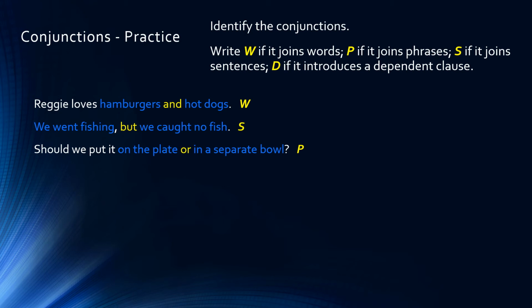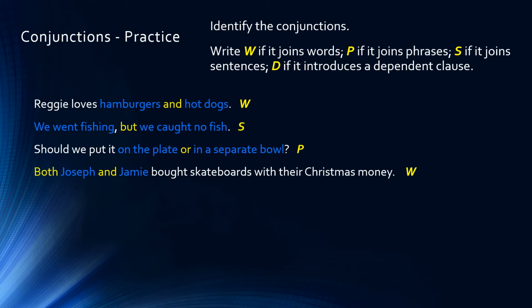Now, this conjunction or is joining phrases. It's joining the prepositional phrase on the plate and the prepositional phrase in a separate bowl. So in this sentence, the conjunction or is put between two phrases, joining two phrases.